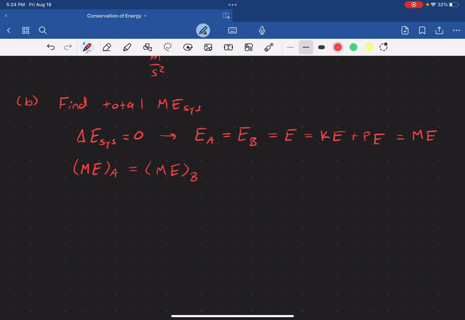Evaluating the mechanical energy at state A is a little bit simpler, because when you work it out, you might think, well, this looks exactly like it would at state B, except there's actually no potential energy at state B when the ball is at the initial point.